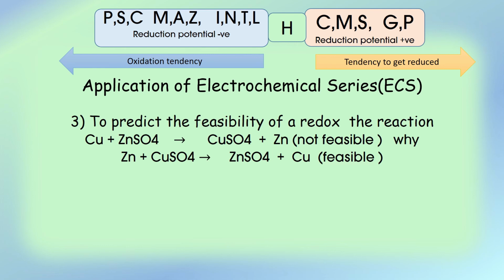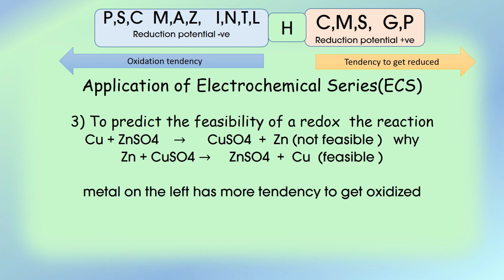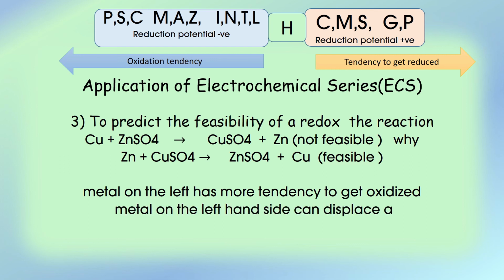As we have already discussed, the electrochemical series is a reactivity series. Zinc is more reactive than copper because it is on the left hand side of the copper. Therefore, zinc can displace copper from its solution. It is essentially telling that a more reactive element can displace less reactive elements from their solution.